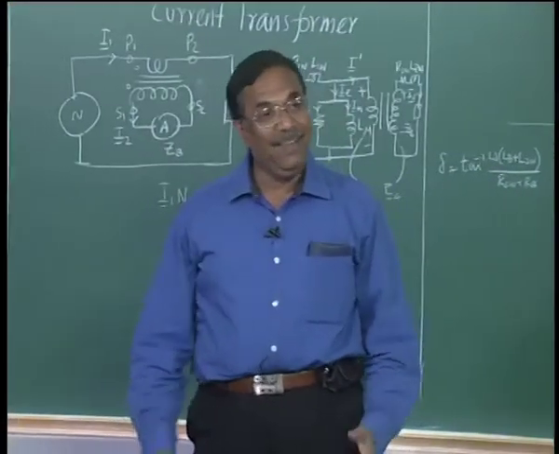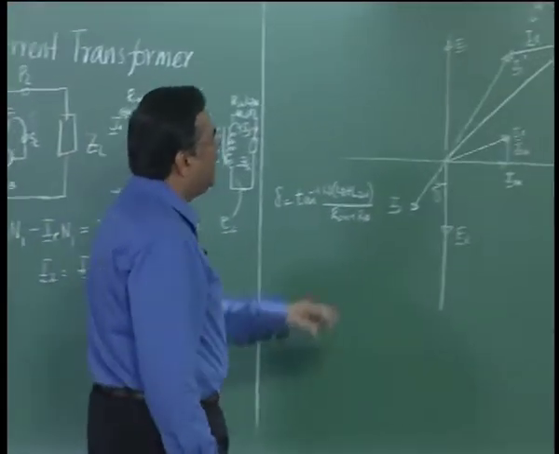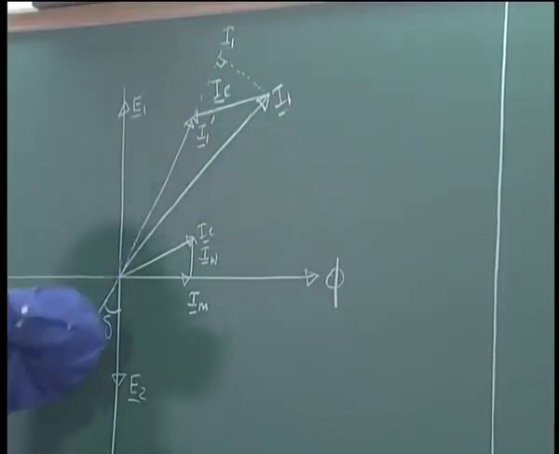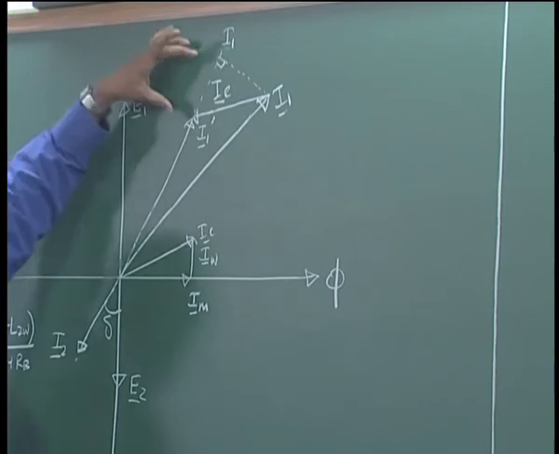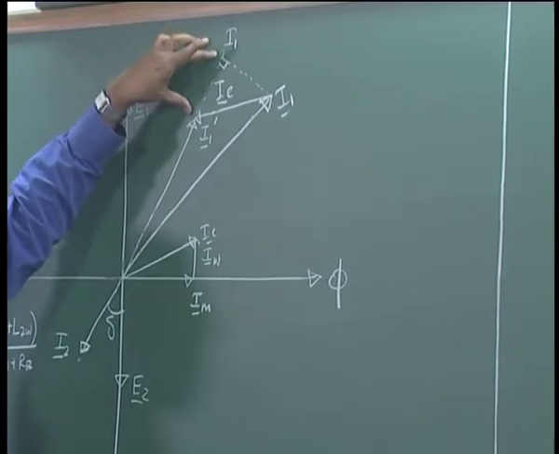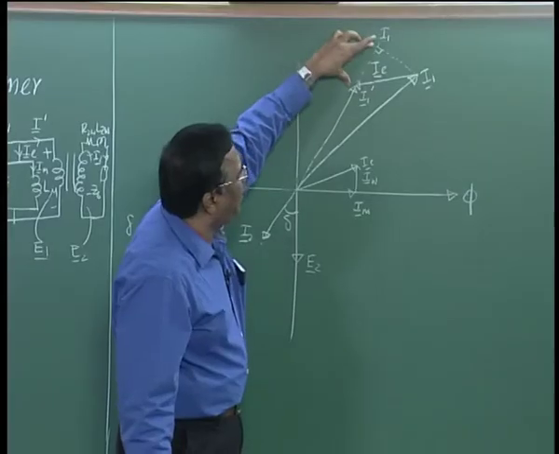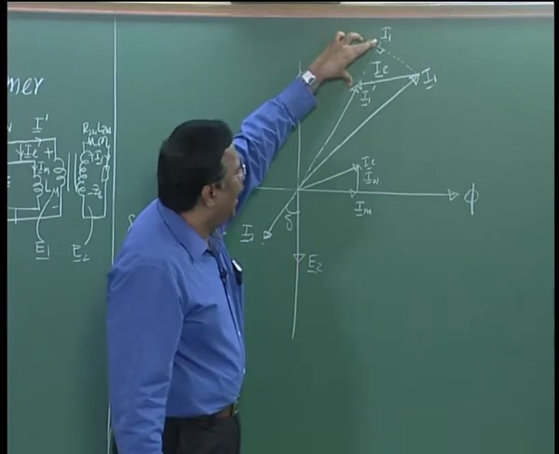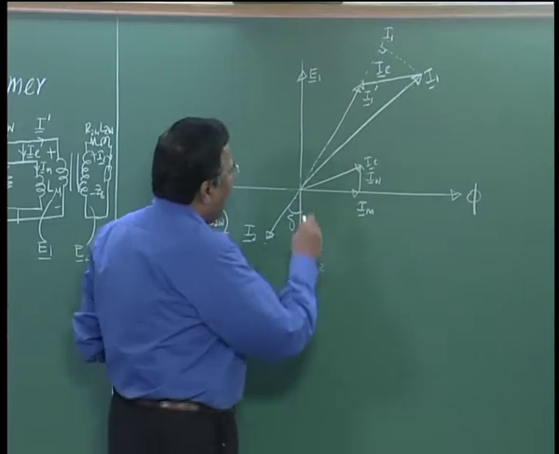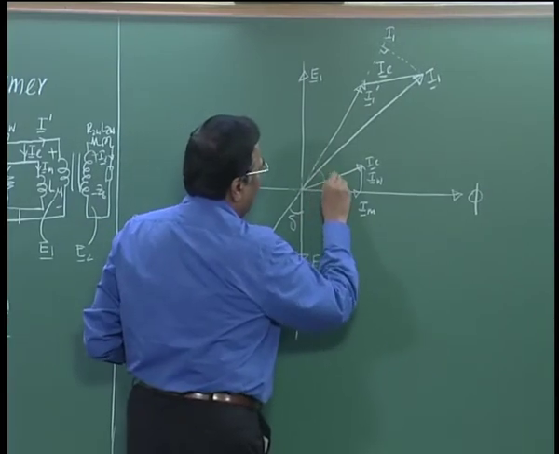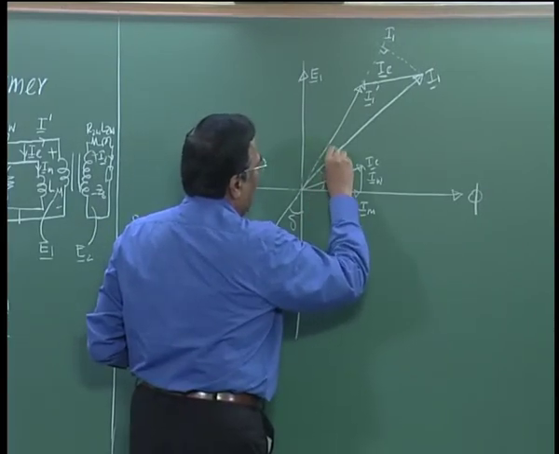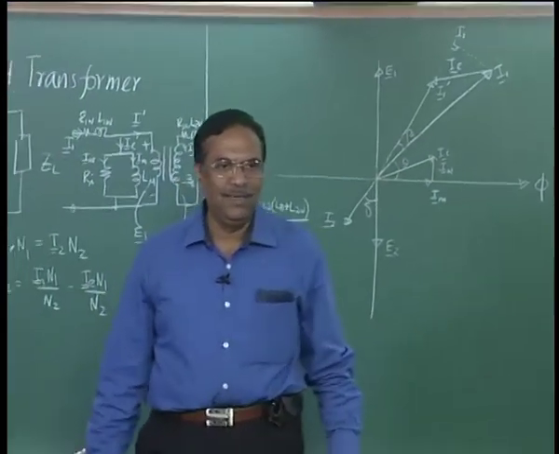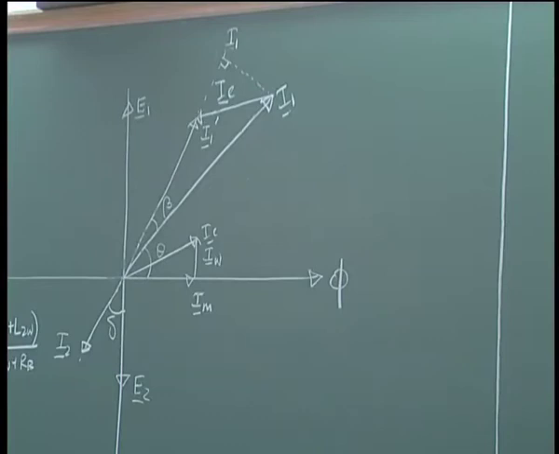Now, we very clearly see I should have measured this I1, but I am measuring this I1. I am having an error in the magnitude, which is I1 prime minus I1, only the magnitude part of it, and I also should have had an angle theta here, but I am going to have theta plus beta, because that is what I am going to measure.